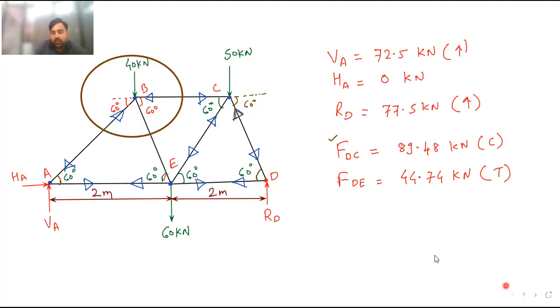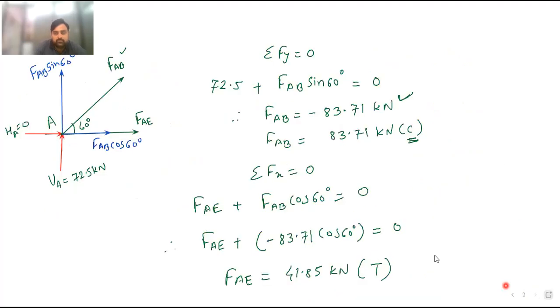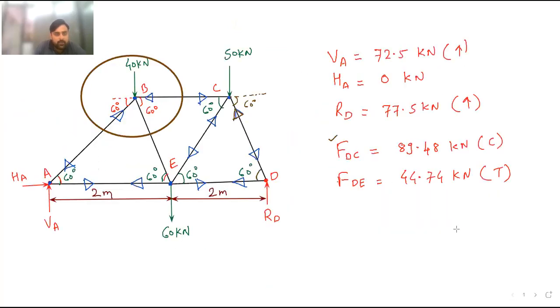Okay, so I will draw that. So this is vertical line, horizontal line. Now here a downward load is acting on joint B. This is the downward load which is acting, and the value of this load is 40 kilonewton.